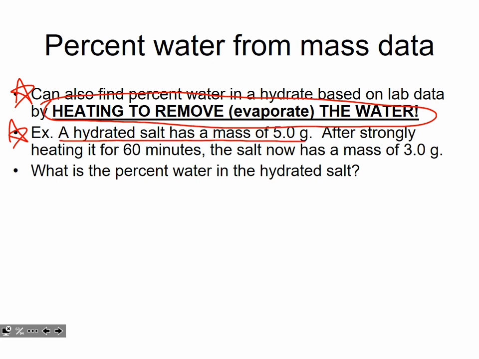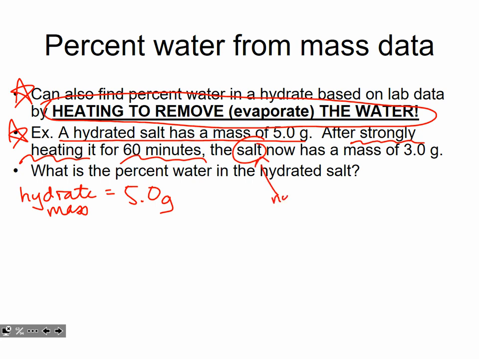So pulling out what we know: the whole thing, the hydrate mass, is 5 grams. Then it says we strongly heat it for a period of time, 60 minutes. And it says the salt, remember, that's the non-water part, now has a mass of 3 grams.